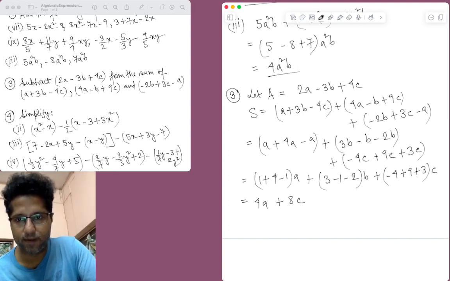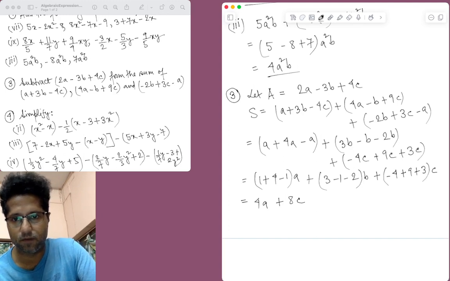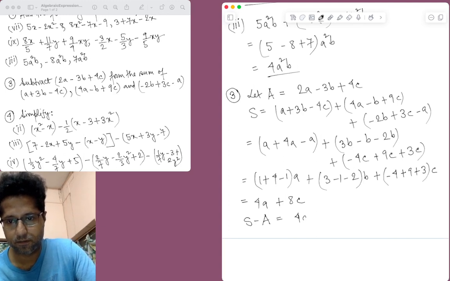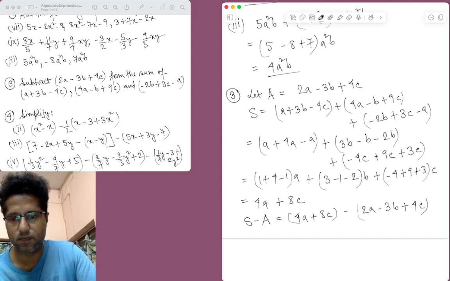Now we have to subtract A from S. So from S we have to subtract A. So this is 4A plus 8C minus 2A minus 3B plus 4C.